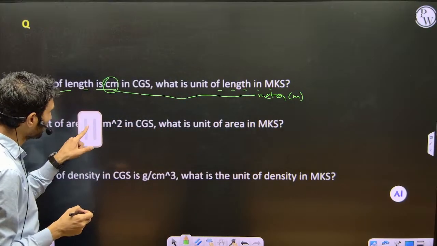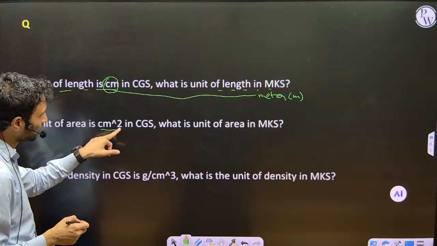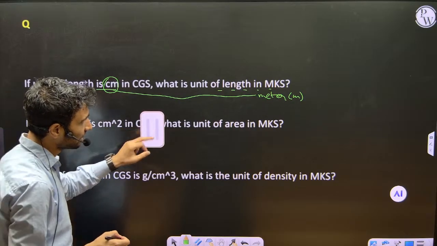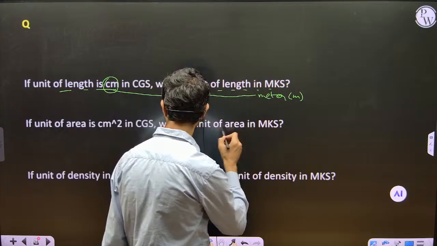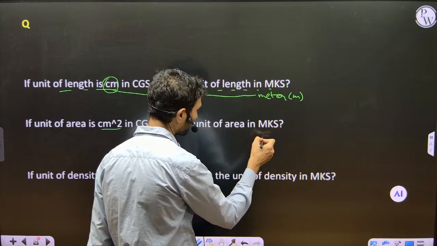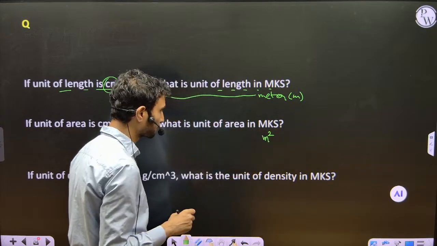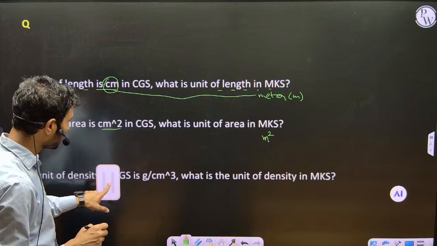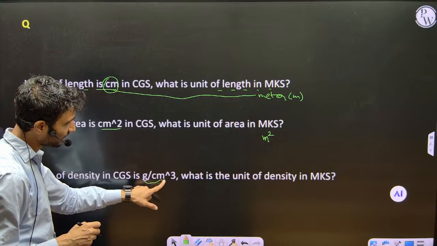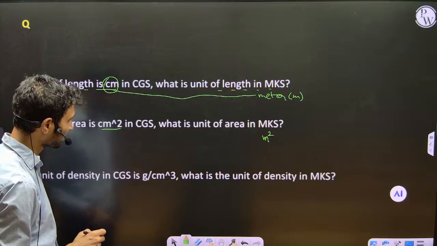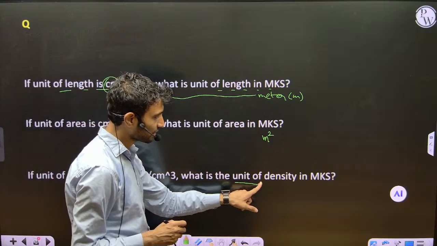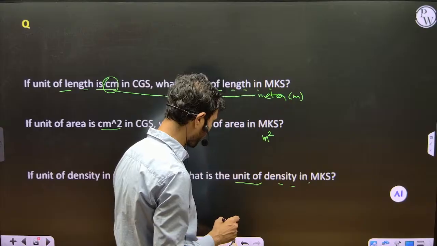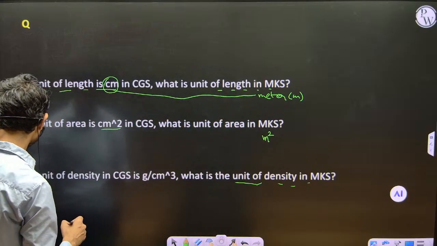Similarly, if the area unit is centimeter square in CGS, in MKS it won't be centimeter square, it will be meter square. If density is gram per centimeter cube in CGS, what is the unit of density in MKS? Can you guess?